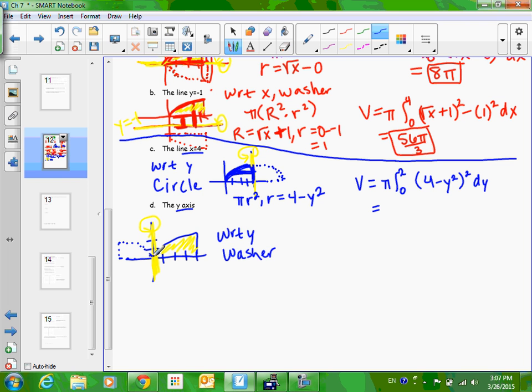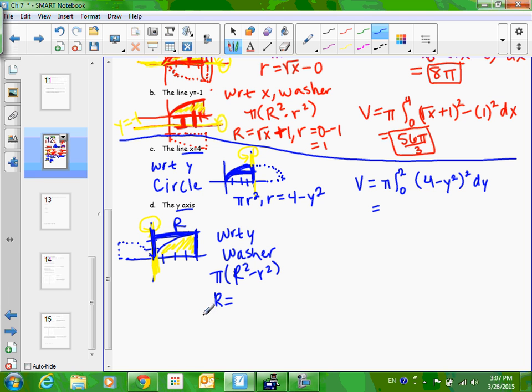Okay, so remember for washer, we have pi, big R squared, minus little r squared. Okay, big R. Remember, it's always right minus left or top minus bottom of something. When you're dealing with the washer and you say, okay, it's right minus left, you got to say right to the line of rotation, all the way across here.